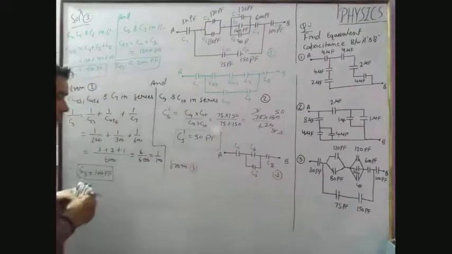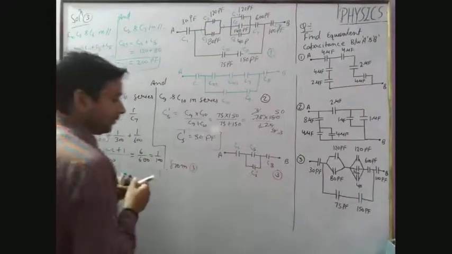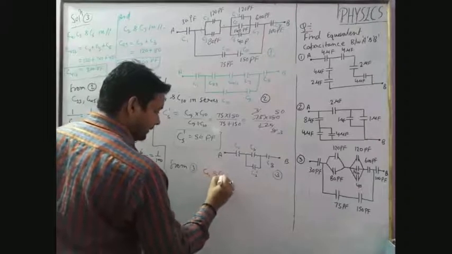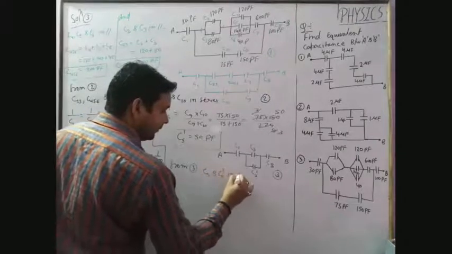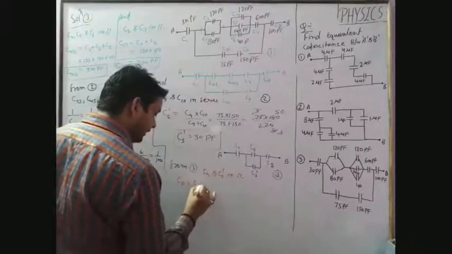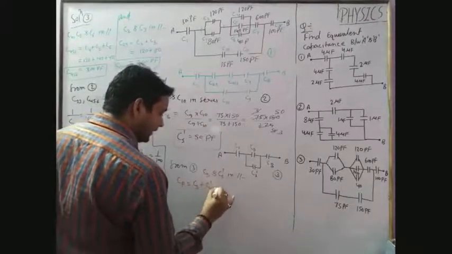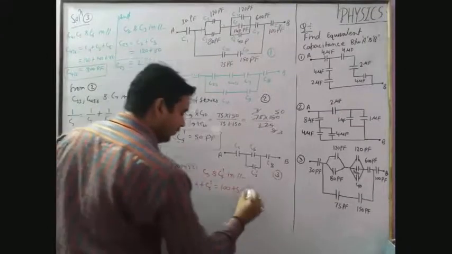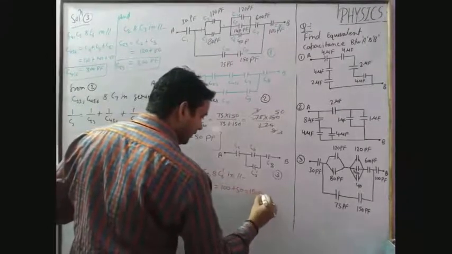Now from figure third, CS and CS dash in parallel. Therefore CP we calculate as CS plus CS dash, that is 100 plus 50 is equal to 150 picofarad.